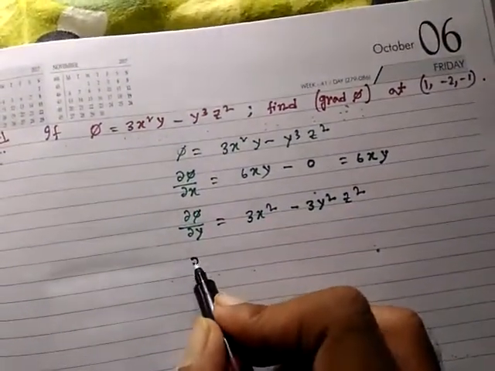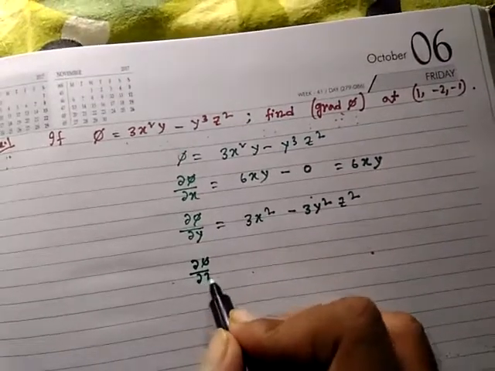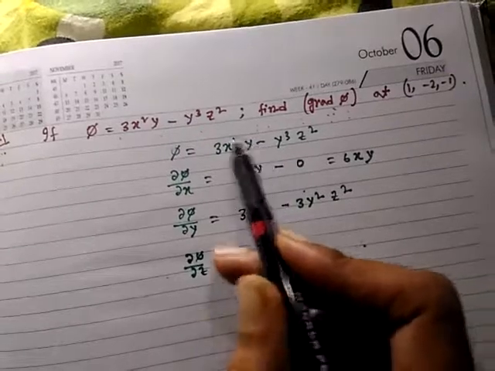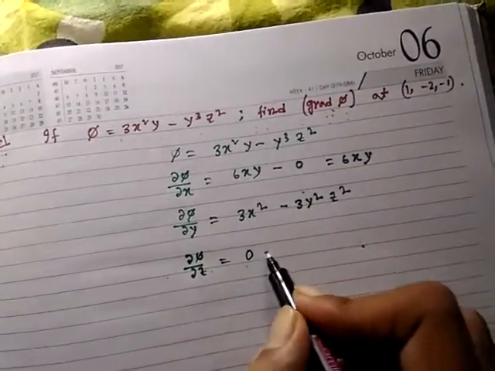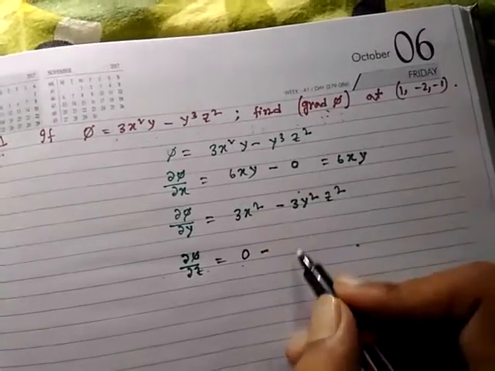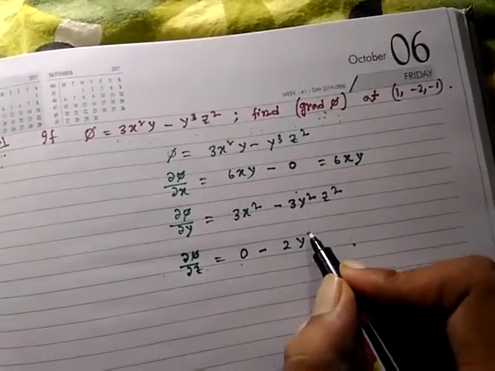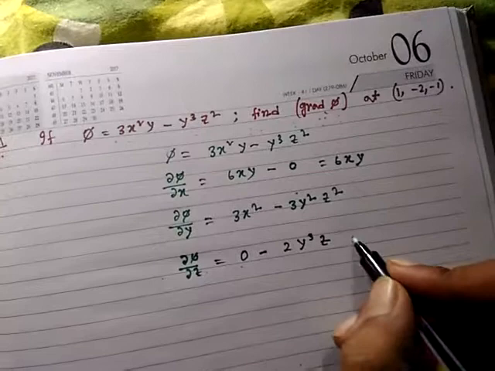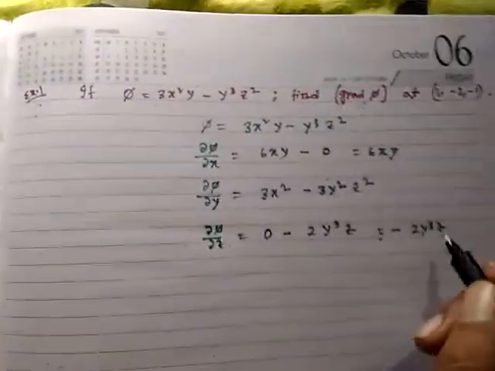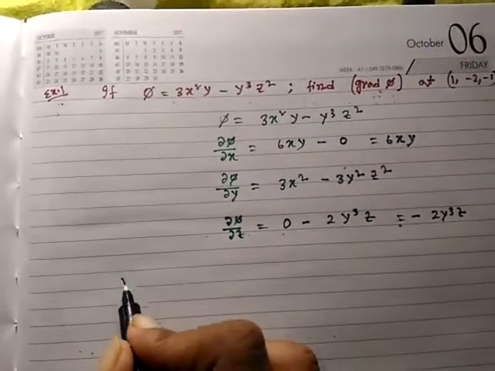Now del phi del z, the derivative of this function will be 0 minus the derivative of z square, 2z, and here y cube, so 2y cube z, that is equal to minus 2y cube z.